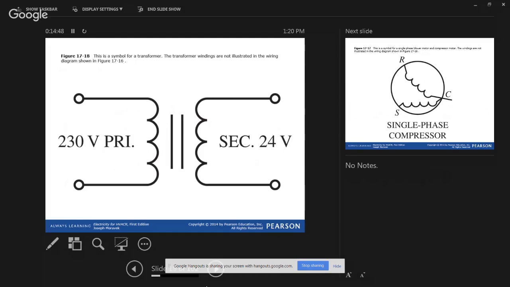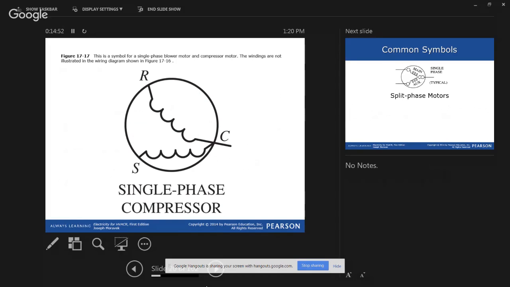As you can see, if I draw a ring up here, here's a symbol for a single phase compressor motor. The symbol is the single phase blower motor and compressor motor. The windings are not illustrated in the wiring diagram shown here. What do you suppose is going on?